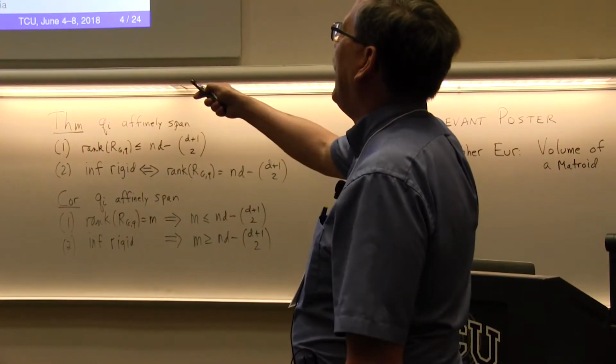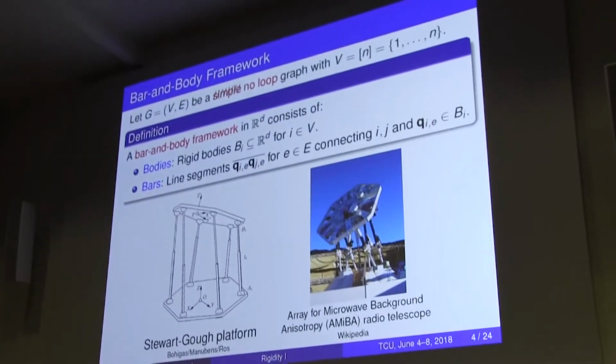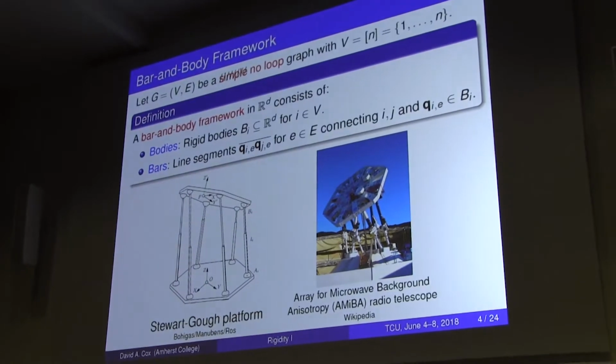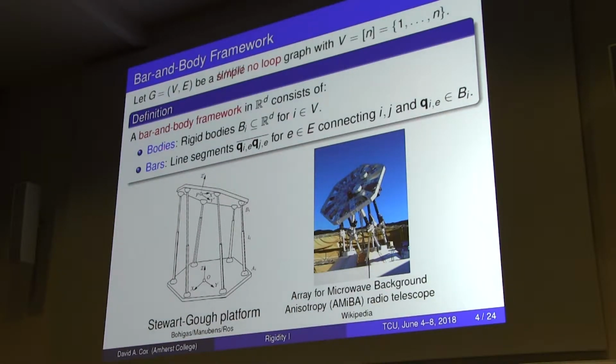And the bar and body framework is a slightly different beast. We still have a graph, but now I will allow multiple edges. In fact, the multiple edges are pretty important. I don't want any loops. And so in a bar and body framework, the bodies are rigid bodies. For example, in the Stewart-Gough platform, that's the upper platform, that's the base. Those are rigid, they don't move. And they have a three-dimensional extent. It's more than just a single point.